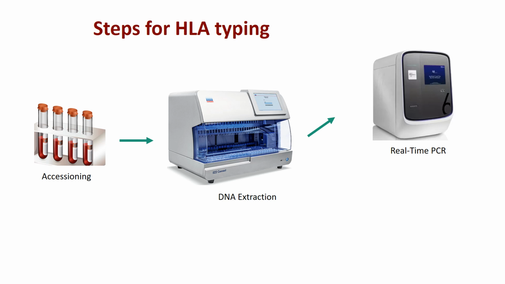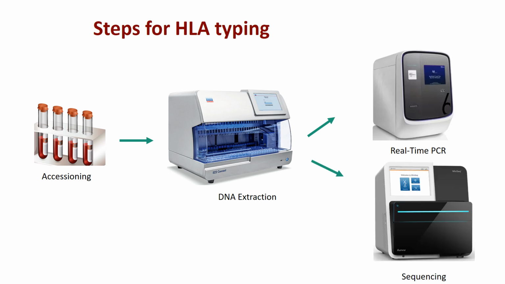This is usually done on-call or in the presence of a deceased donor, and it takes around 90 minutes to be completed. Routine samples are done by high-resolution typing using the sequencer, and this takes almost 3 to 4 days to be completed. At the end, all the results are reviewed, and then they go to the computer to be reported by the lab information system.